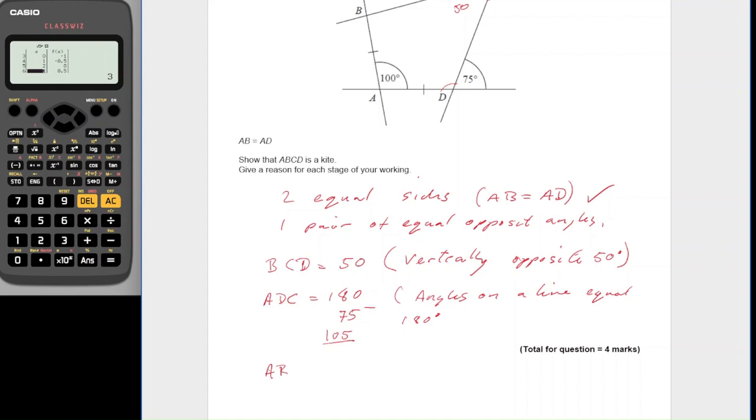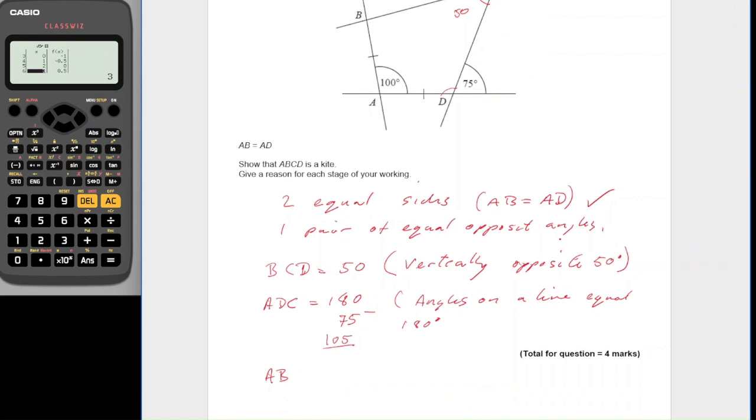So ABC is equal to 180 minus 100 plus 50 plus 105, which is equal to... go back to my calculator mode... I've typed something in wrong. 360.